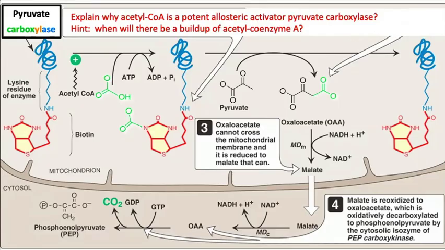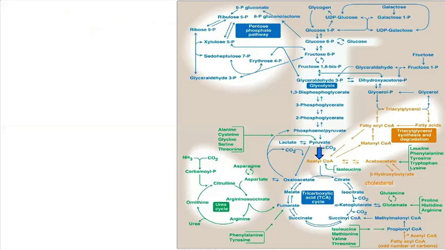That's exactly right. One way you could have a buildup of acetyl coenzyme A is if you don't have enough citric acid cycle intermediates, so the glycolysis is going at a faster rate. Another way that could happen is that say you're starving and you need to run gluconeogenesis.